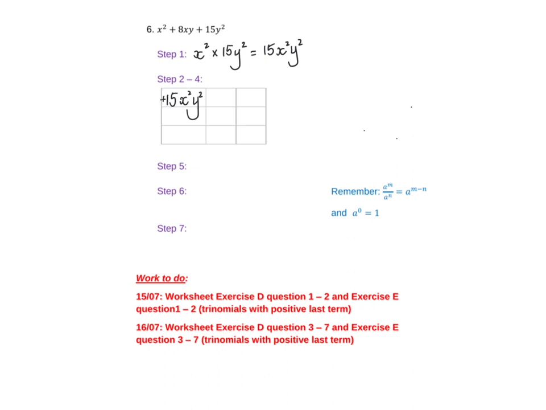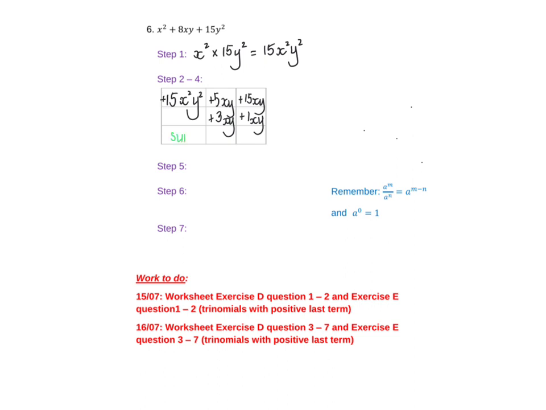Now we have to say 15 would be positive 5 times positive 3, or positive 15 times positive 1. And then the only way I can multiply to get x squared y squared would be xy times xy for each of these. Because x times x would give you x squared, and y times y would give you y squared.